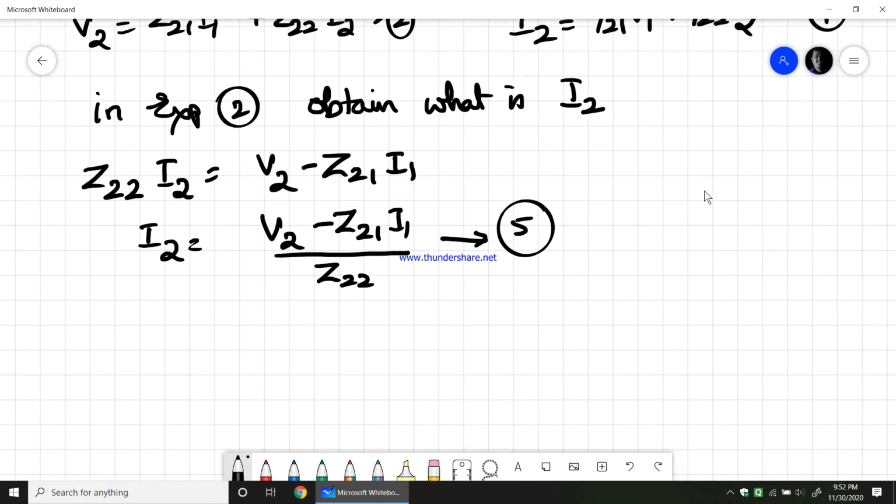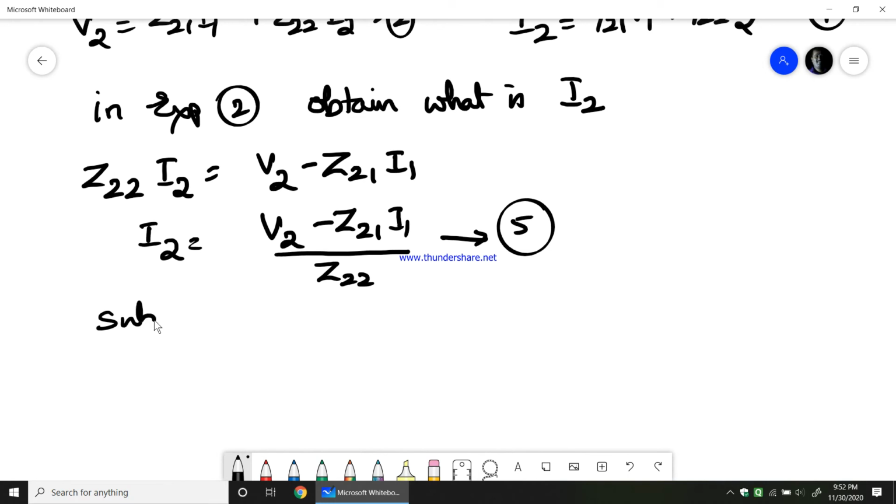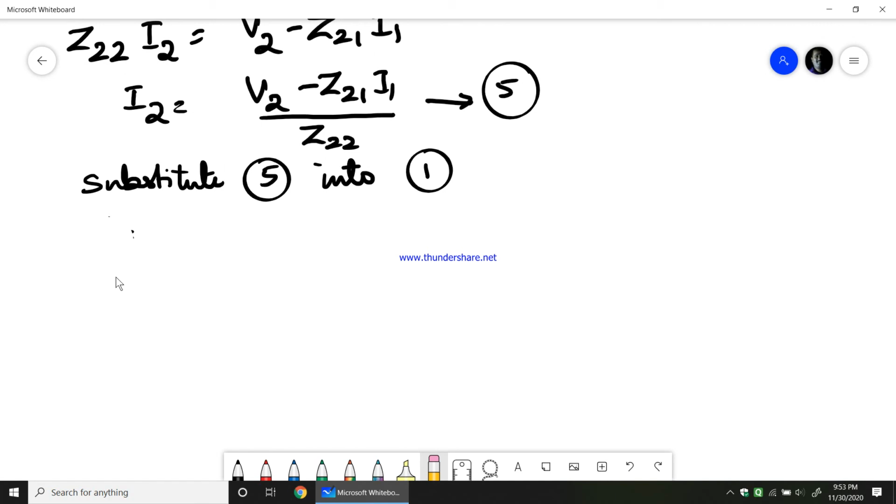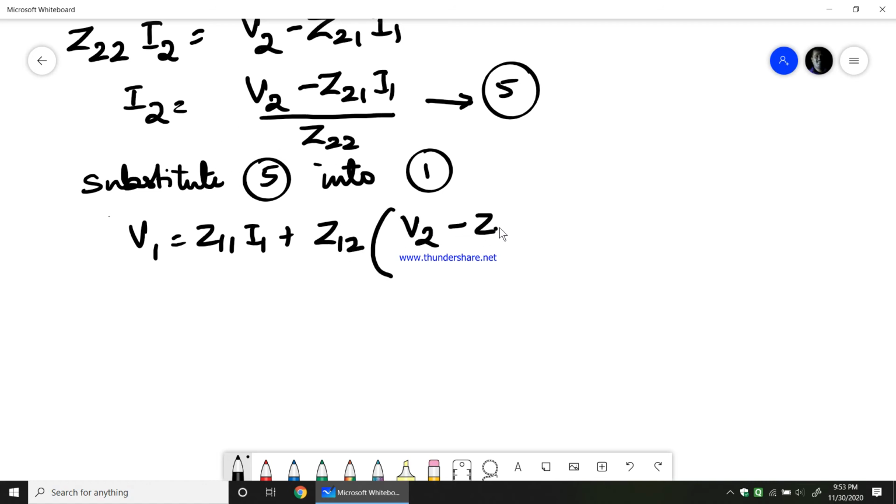Now what I'll do, substitute this into 1. So what we will get, we know that V1 equals Z11 I1 plus Z12 into I2, which is V2 minus Z21 I1, whole thing divided by Z22.